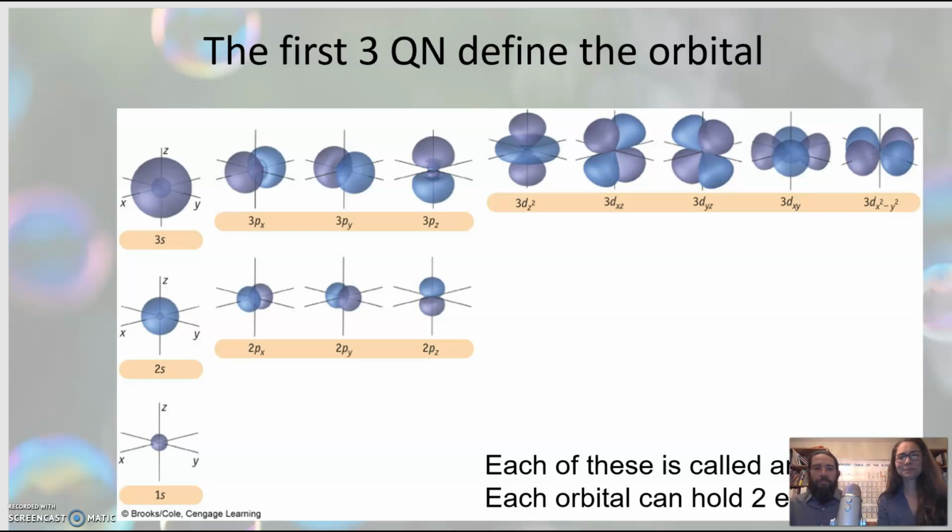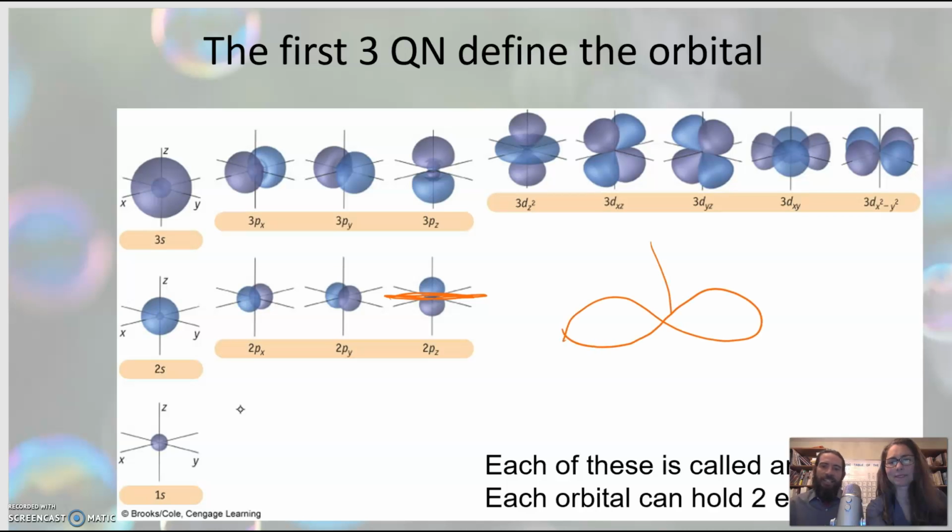Another way we can visualize it is by looking at these regions of high probability of finding an electron. Let's start with our p orbitals, or our dumbbell-shaped orbitals. You can see here, if we took the 2p, there's actually a region through there where there's no electron density, and it's kind of hard to see in that image, but maybe if we drew it, yeah, there we go.